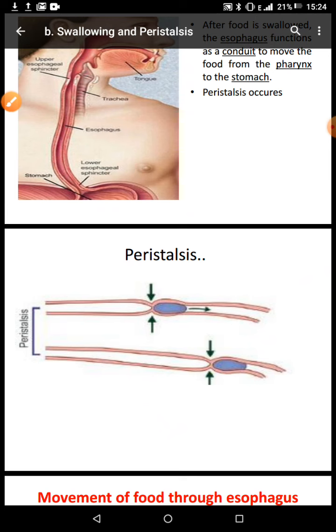Peristalsis is a wave of contraction in the GIT. A very important wave of contraction in the GIT. And the plexus that is important in peristaltic movement is the myenteric plexus.